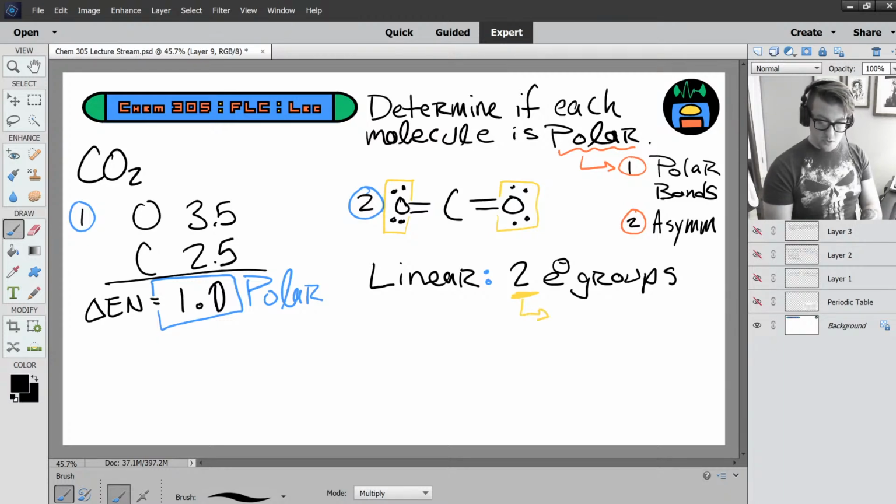In this molecule, both groups are oxygens, which means this molecule is symmetric, which makes it nonpolar.